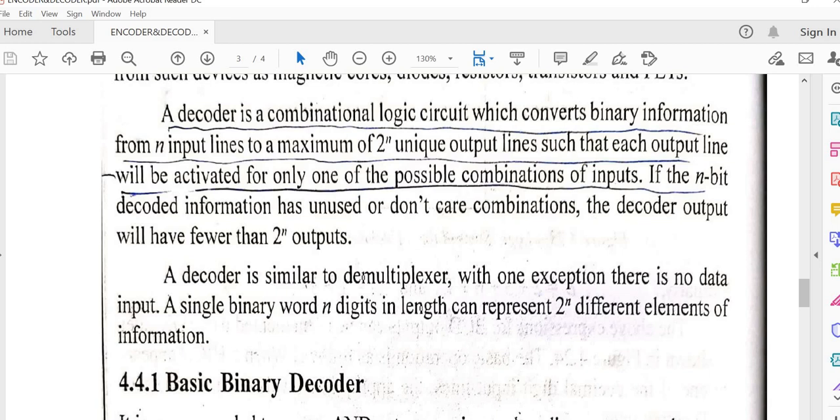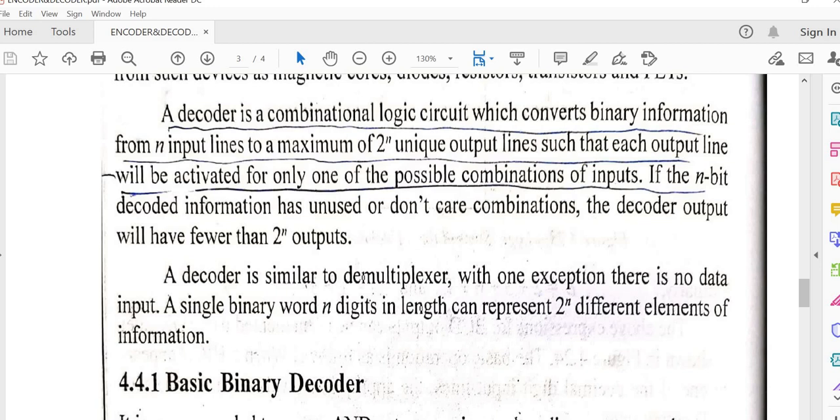Though there are 2 to the power n output lines, only one output line will be active. This active output line goes high based on the combination of inputs present when the decoder is enabled. That means the decoder detects a particular code.